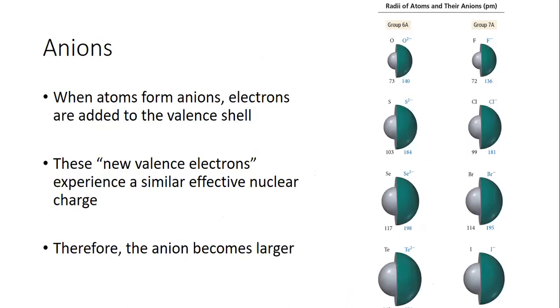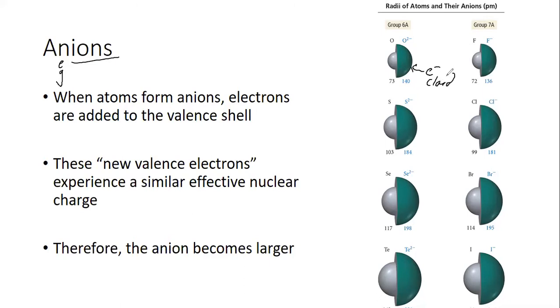Anions do the opposite. When we add new electrons, remember, you can think of an anion as a negative ion. So with anions, we are adding electrons to our atom. When we're adding electrons, we're adding more negative charge. So the electrons are going to want to repel even more because we're adding that more negative charge. And remember, I said this shell is like an electron cloud.